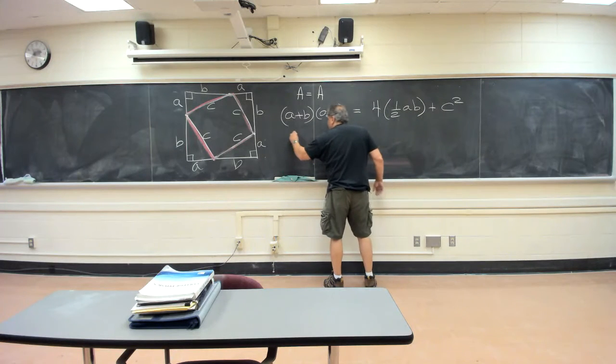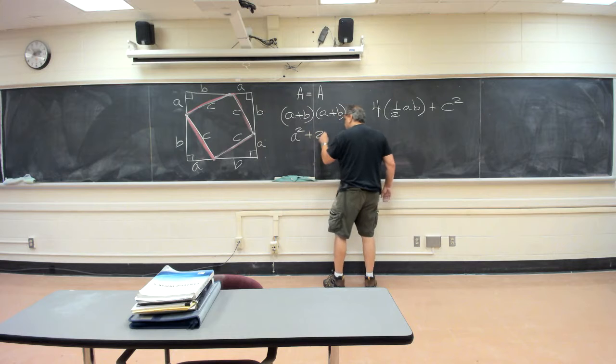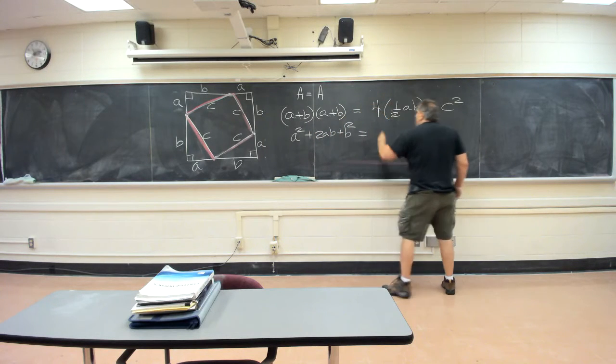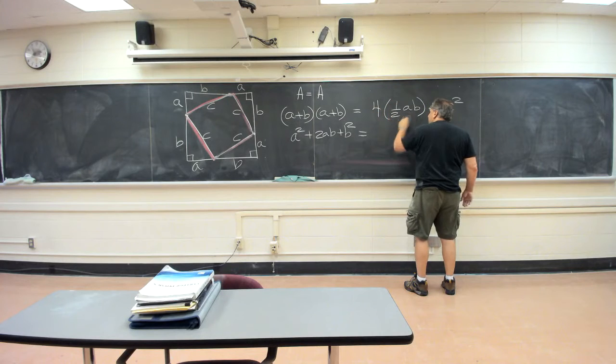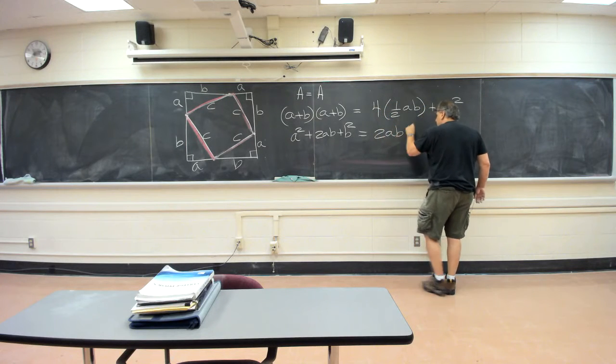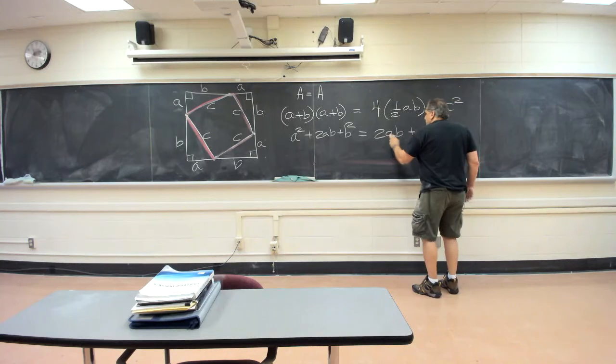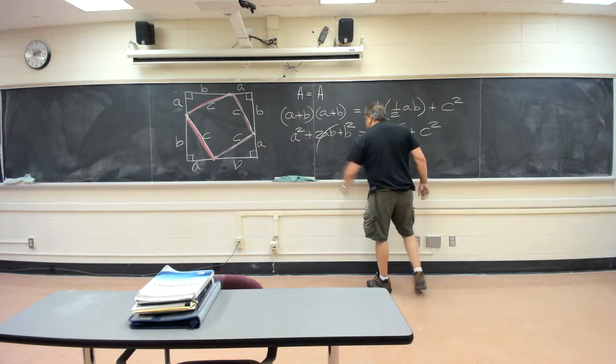Do the FOIL method here. Four times a half AB is 2AB. C squared is C squared. Subtract 2AB on each side.